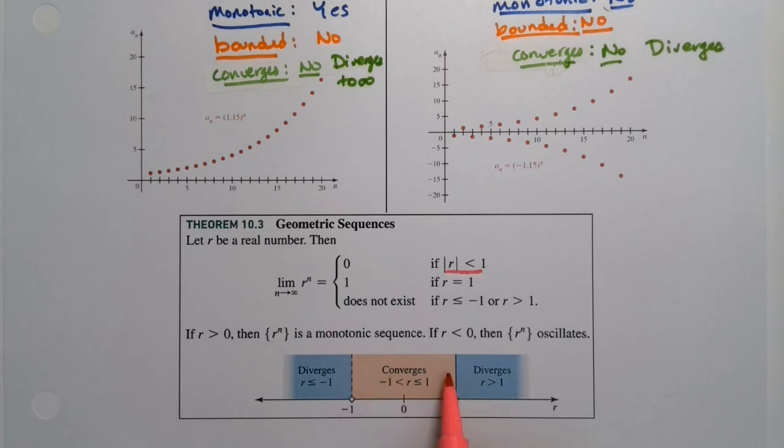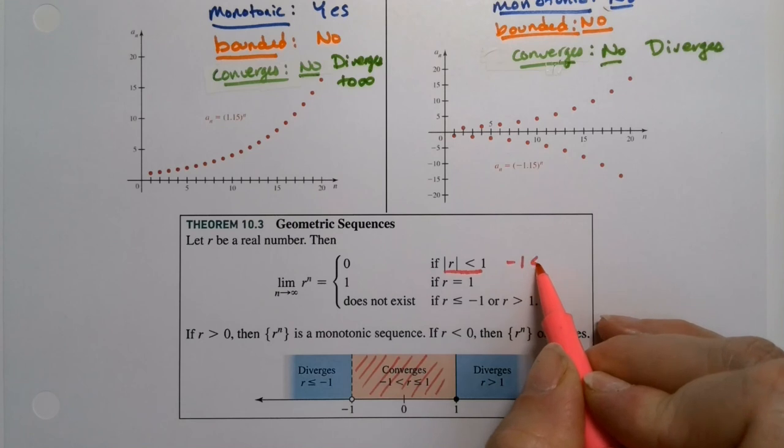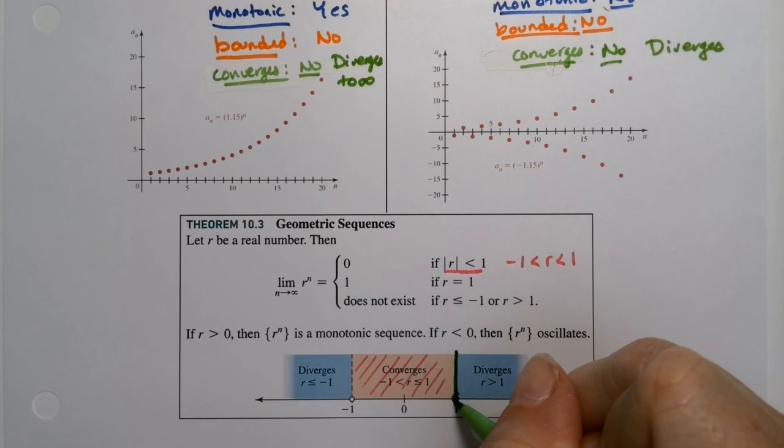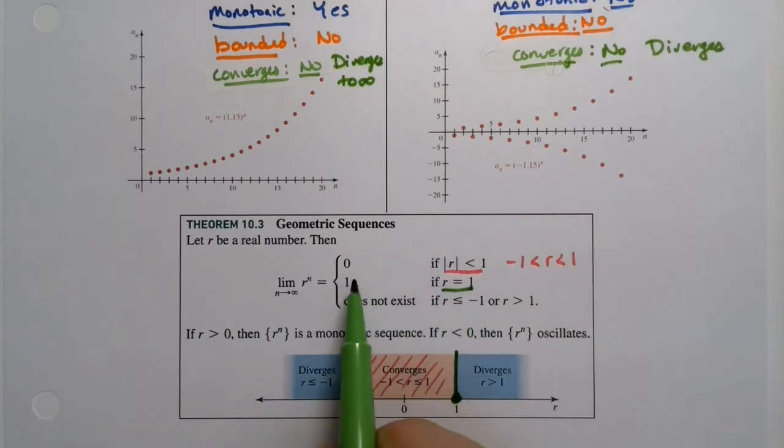It's this zone in here that's being shaded. So if you're in there, you will converge to 0, period. If r is 1, specifically this single value, it will converge to 1.